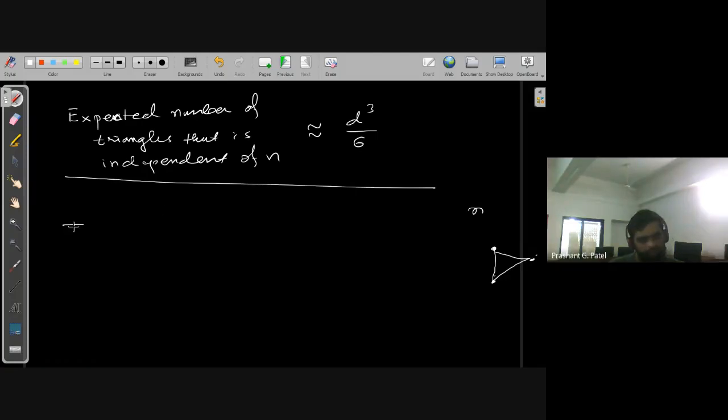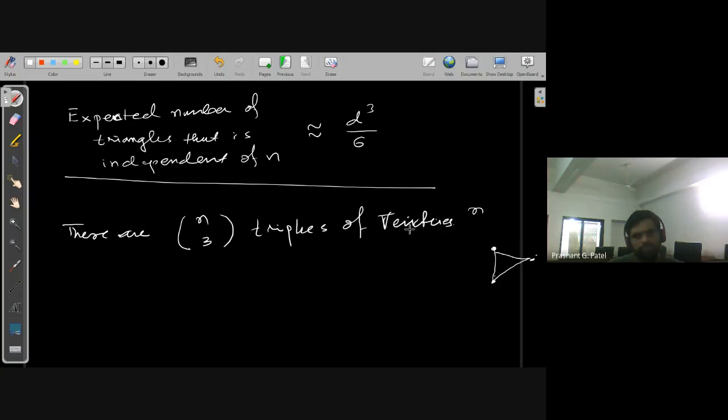So there are n choose 3 triples of triangle vertices. So this many ways we can choose our three vertices.